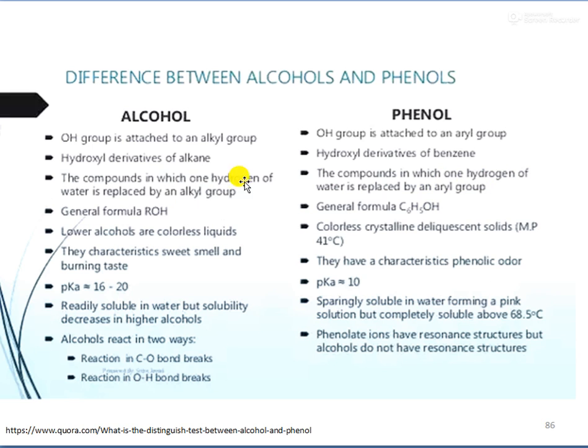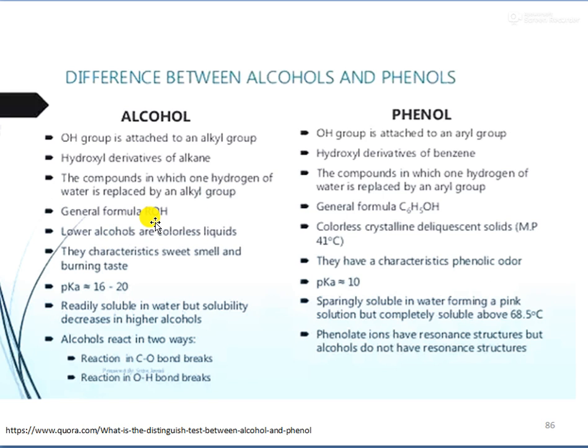So actually, these compounds can be considered as derivatives of water. In water, we know there is an oxygen atom attached to two hydrogen atoms. If one hydrogen atom is replaced by any other group, we can simply say that the compound is a derivative of water. That is what this point is saying.